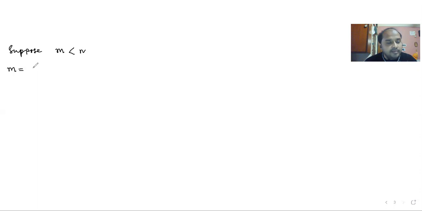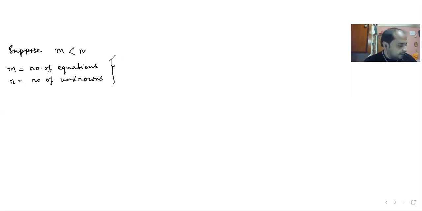What is m? M is the number of equations and n is the number of unknowns.